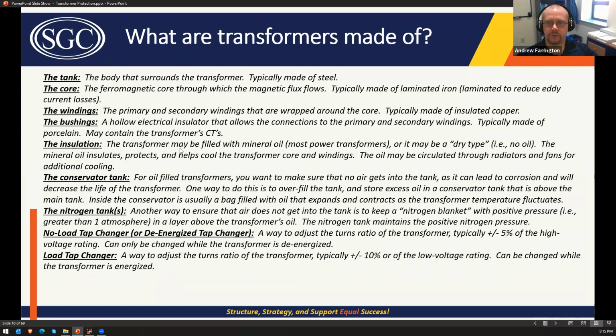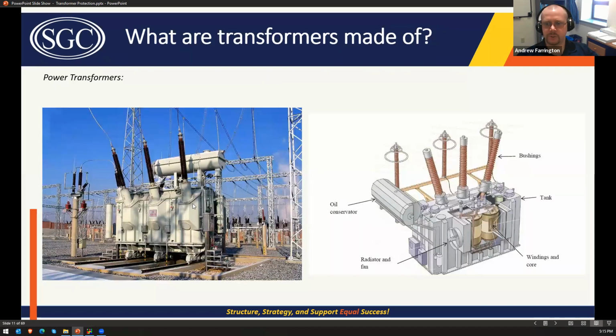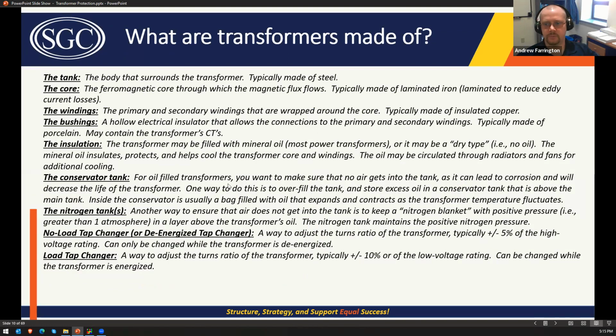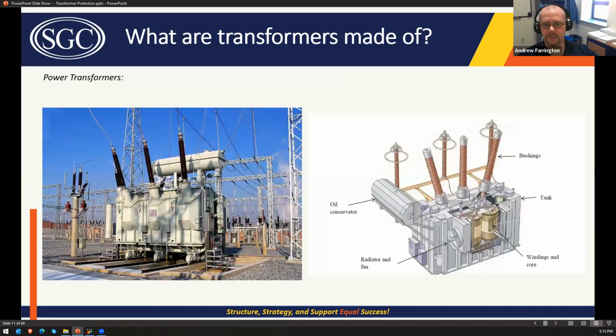The insulation inside the transformer is typically mineral oil for our power transformers. The transformer oil is used for its insulation properties, but also for its cooling properties. So inside the transformer, if this was filled with oil and the coil is heating up, you can envision that the oil is going to heat up.